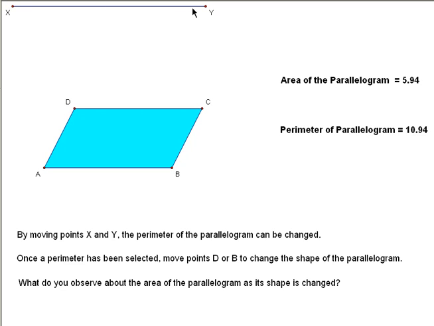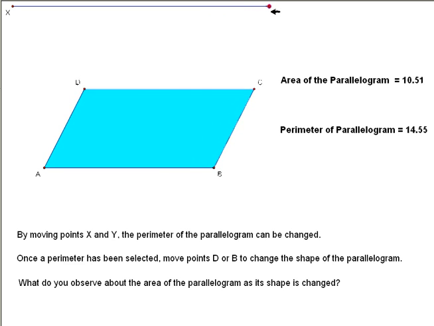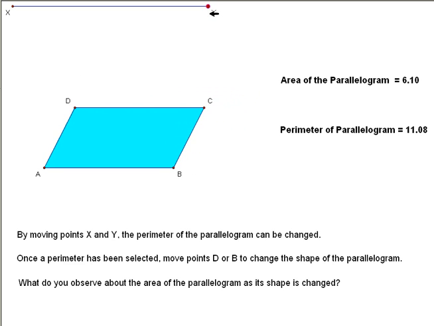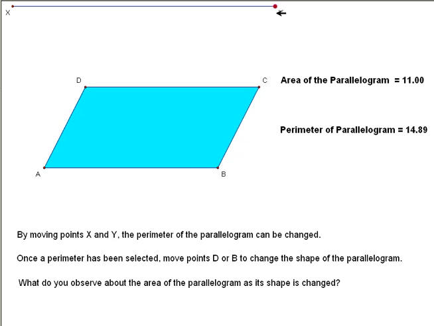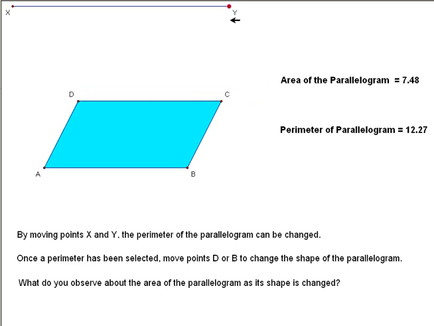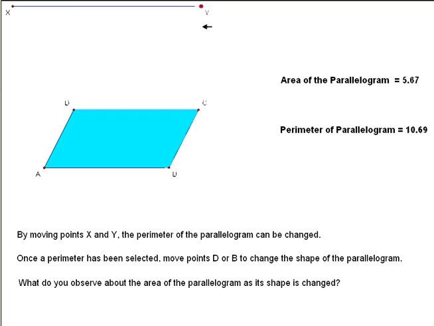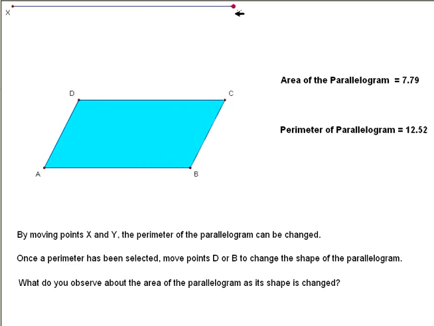If we explore with that, we can see that the area is increasing at a certain rate and the perimeter is increasing at a certain rate. So one of the questions we can consider is, are the area and perimeter increasing at the same rate, or are they increasing at different rates?